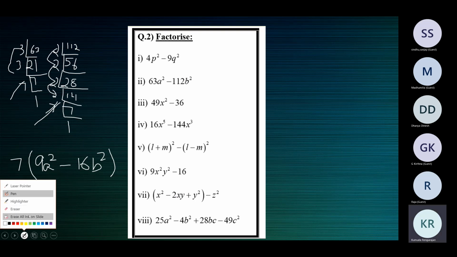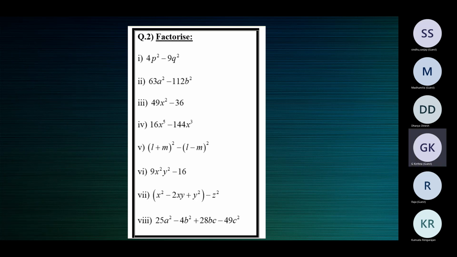Kirtana, are you following? Yes, ma'am. What's the HCF of 16 and 144, Kirtana? Yes, what's the HCF of 16 and 144? You must have found something, right? Yeah, 16, ma'am.